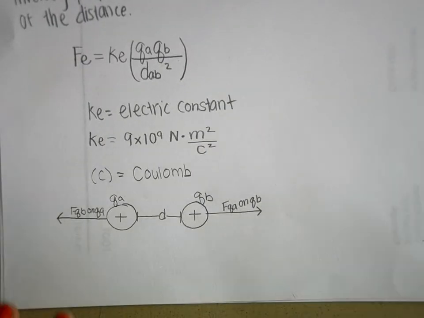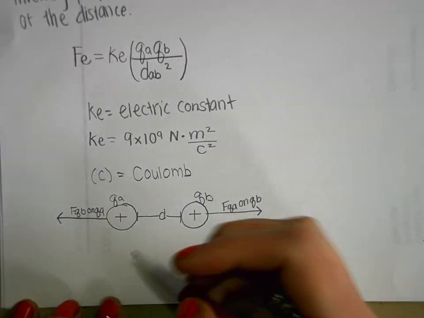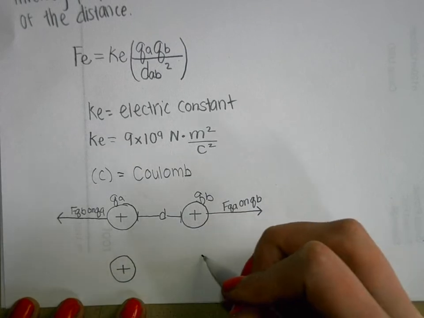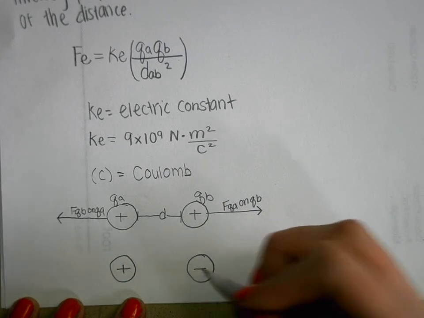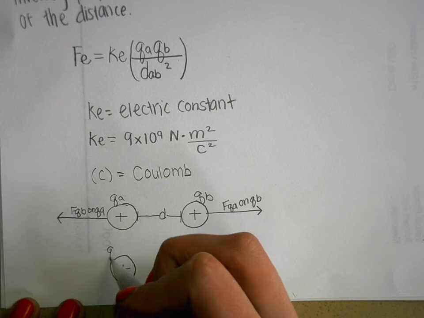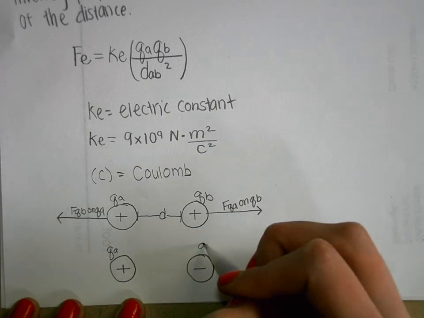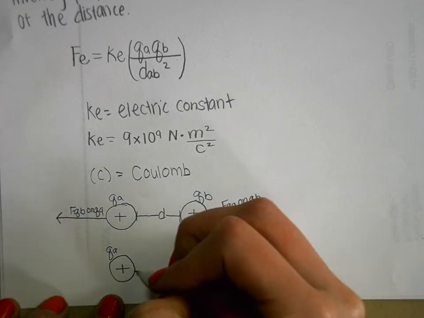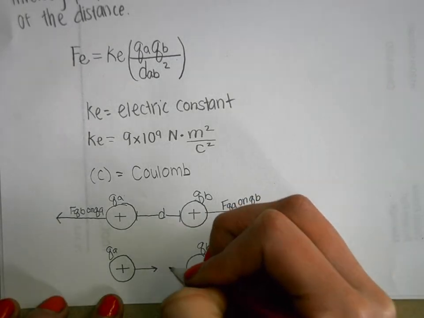Okay, so now we can also do it for opposite charges. So here I have a positive charge. Here I have a negative charge. So I'm going to label this one charge A. This is charge B. So now they're attracting. So the arrows are turned in on each other.